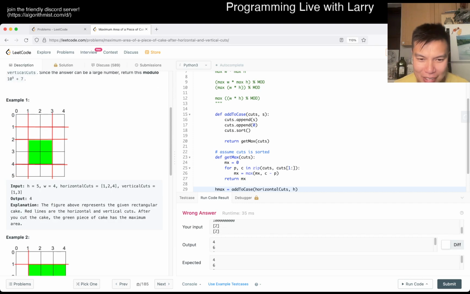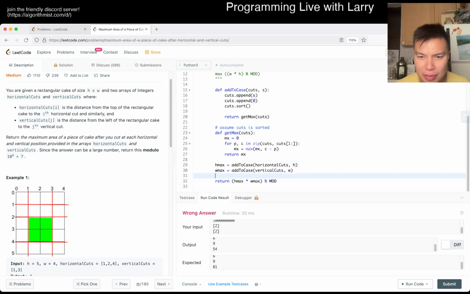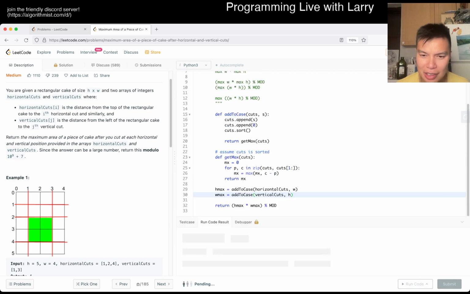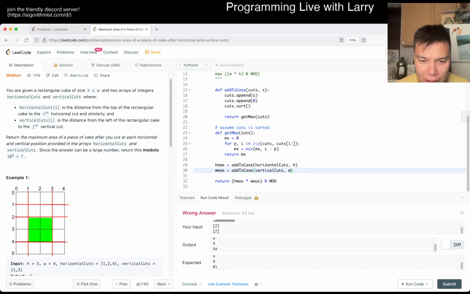Okay, 81. Maximum, yeah, okay. Did I mix these after I said horizontal cut is the height? Yeah, right. Does that change it? That doesn't change anything because the input we have is symmetric.